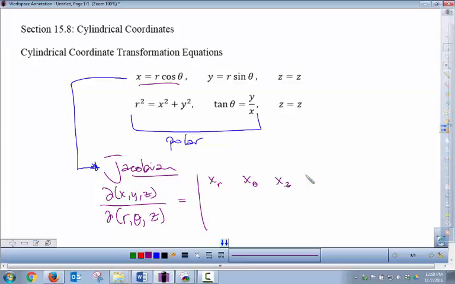And then we would have y's next, and then we have z last.